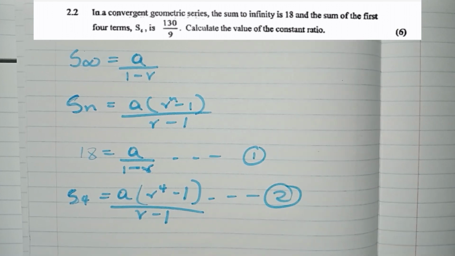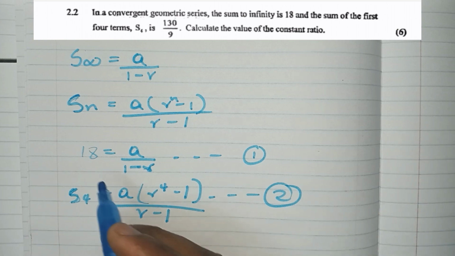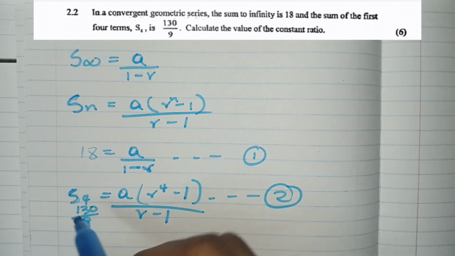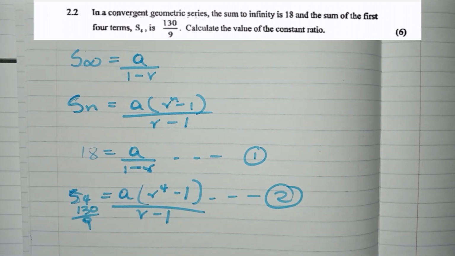Then we have to find a way of making one equation simpler so that we can simplify. Here we were supposed to write 130 over 9 instead of S4, because we already said it's the sum of 4 here.